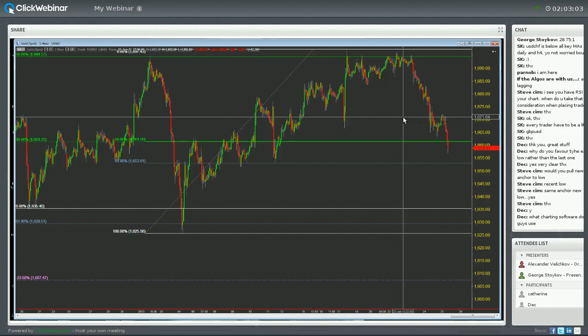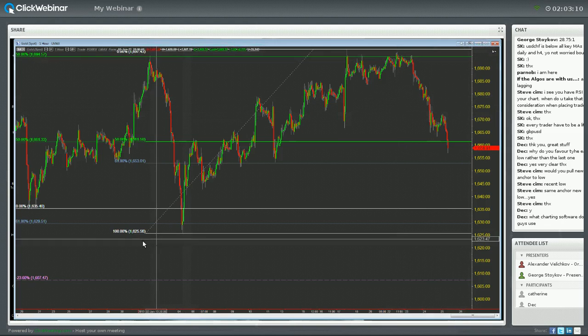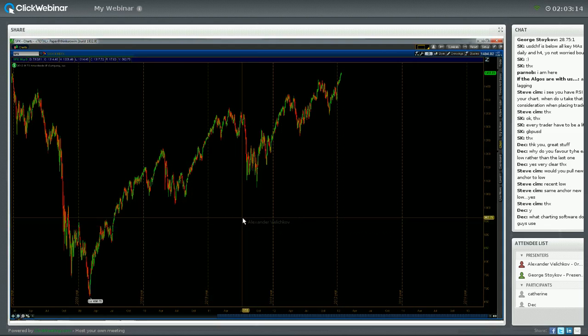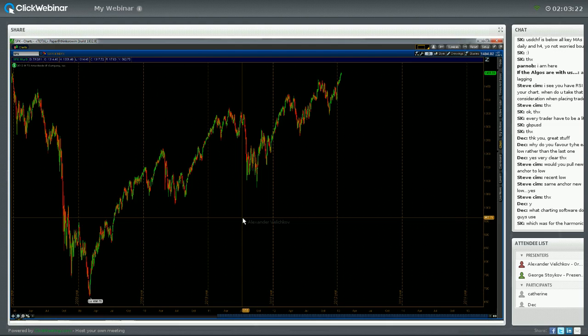What I like as charting for myself is Multicharts or another charting software which I love, this one. This is Thinkorswim. They've been bought up by TD Ameritrade. For all of you Americans, it's available. For the Europeans, I'm not so sure.